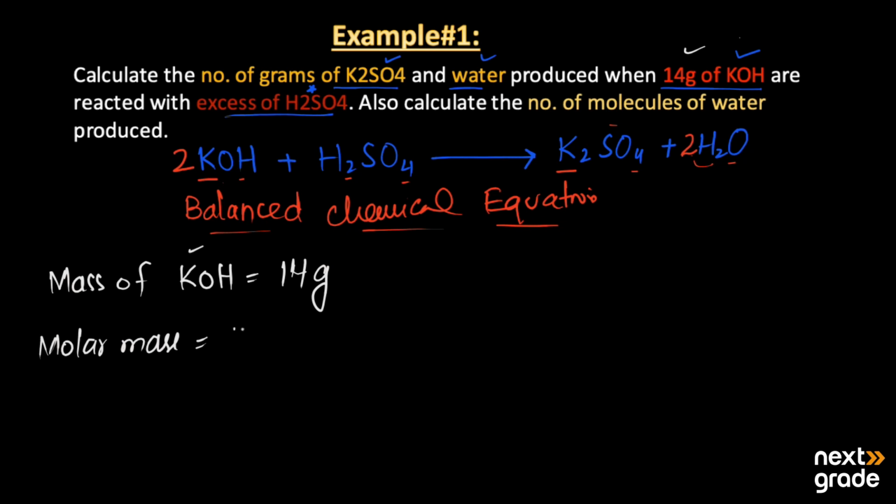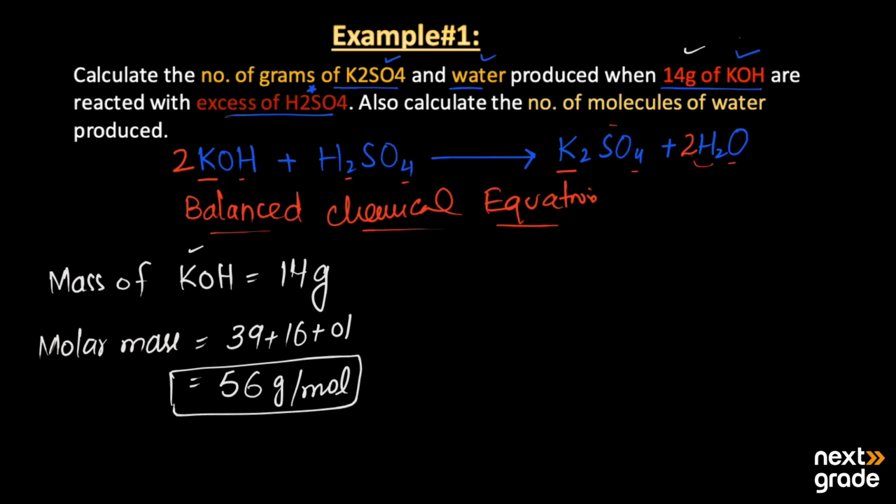Potassium is equal to 39, oxygen 16, and hydrogen 1. So the molar mass of potassium hydroxide will be 56 grams per mole. Now by using the molar mass, we will calculate the second thing, which is moles.